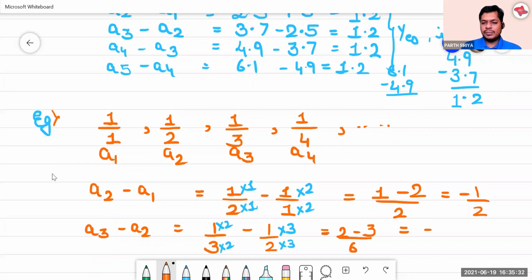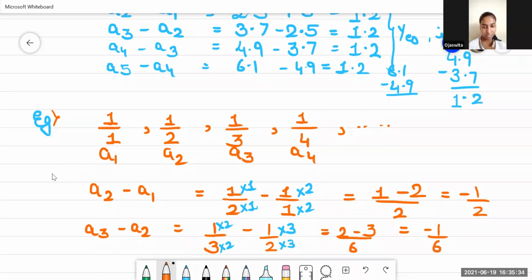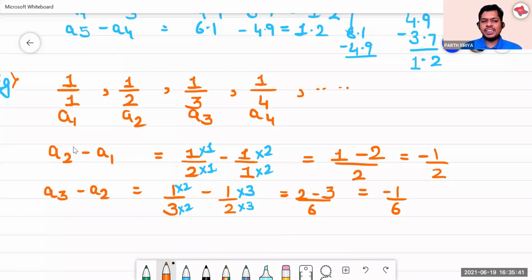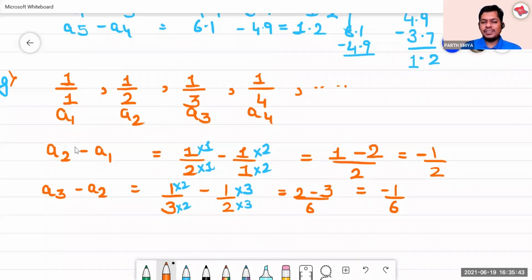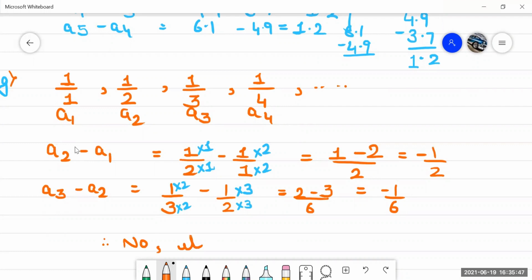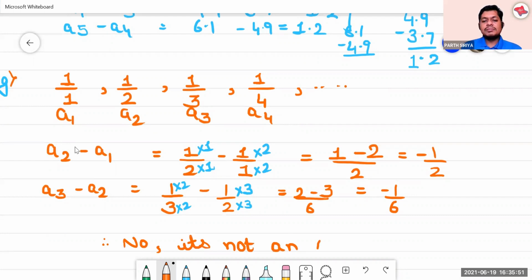That's minus 1 by 6. Is the difference the same? No. So will it be an AP? No, sir. Therefore, it's not an AP. सही है? Quite easy to understand.